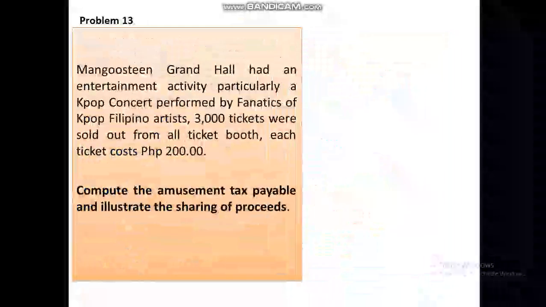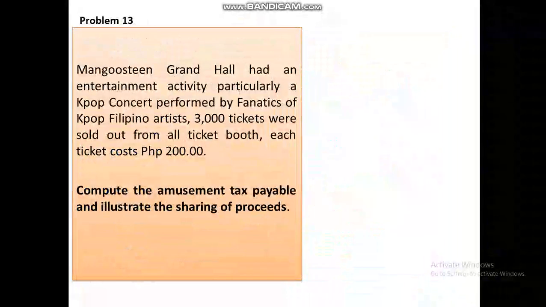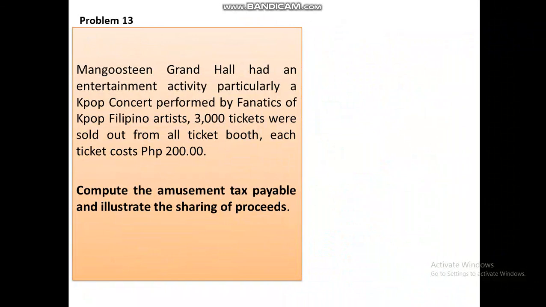How about this one? Let's talk about the amusement tax payable. So, Mangosteen Grand Hall had an entertainment activity, particularly for the K-pop. And then the tickets sold were 3,000 and then the cost is 200 pesos. Question is, ilan po ba ang babayaran at paano natin illustrate yung sharing of proceeds?